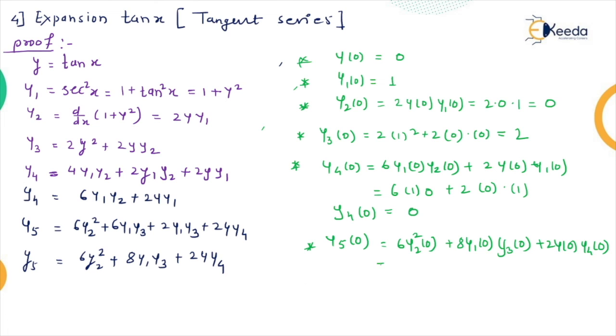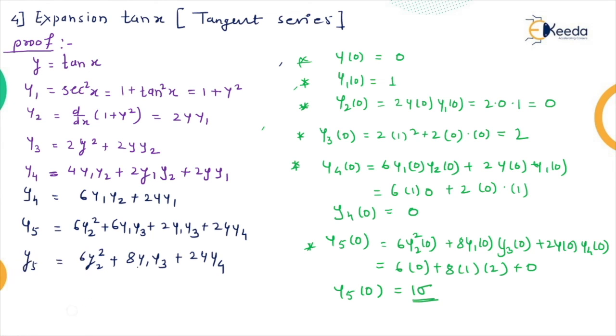So it becomes 6 into y2 of 0, which is 0, plus 8 into y1 of 0, that is 1 into 2, plus 0. So y5 of 0 becomes 16.